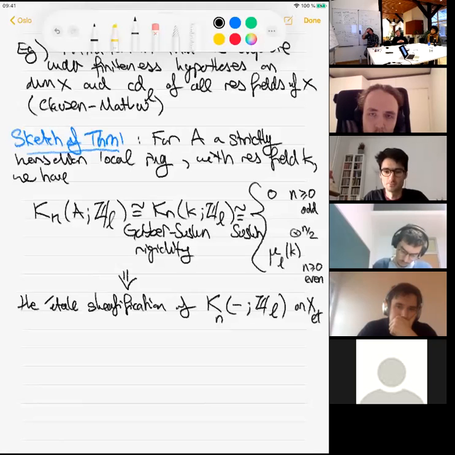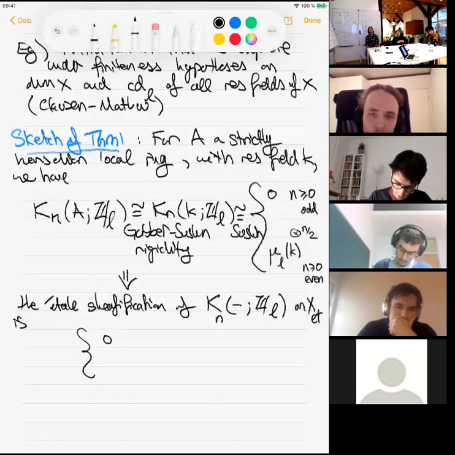What this previous calculation really tells us is that I can compute these, and they're 0 if n is odd, and they're given by the Tate twists mu_L tensor n over 2 if n is even.